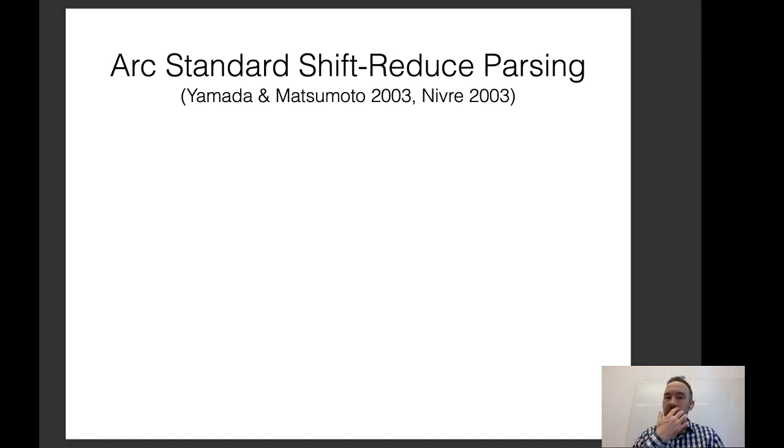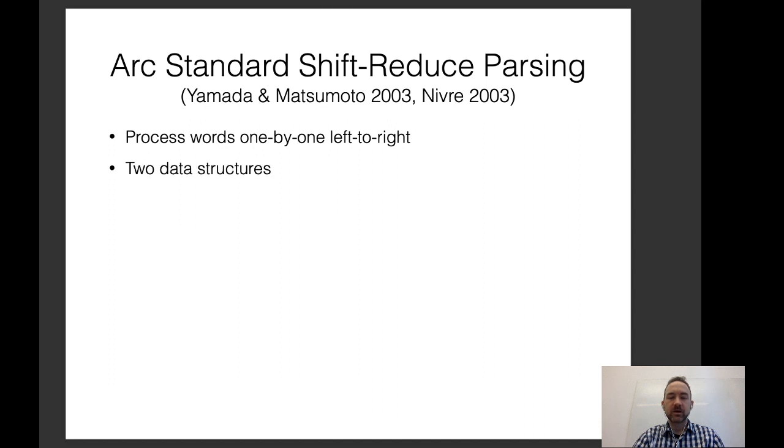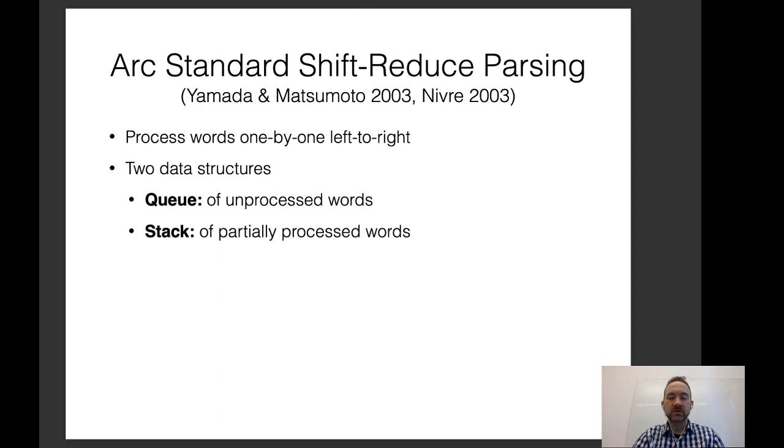To give one example of how we could do this with a probabilistic model, there's something called shift-reduce parsing. Shift-reduce parsing basically processes words one by one, left to right, and distinguishes the dependencies that correspond to each word. The way it works is we have two data structures. One is a queue of unprocessed words. Another is a stack of partially processed words.